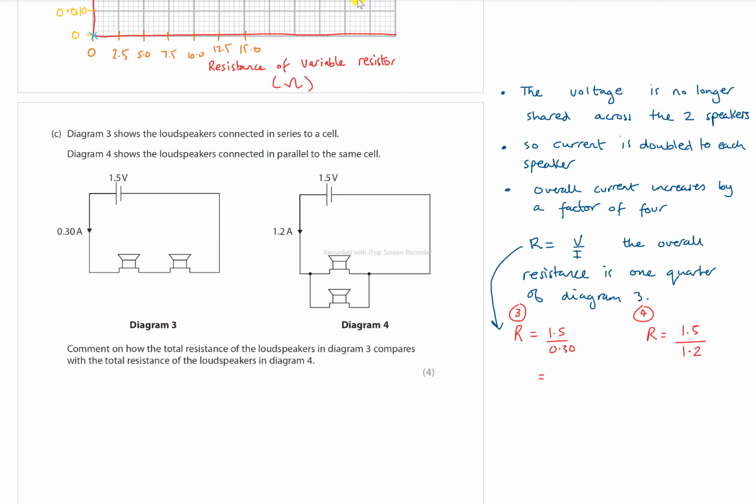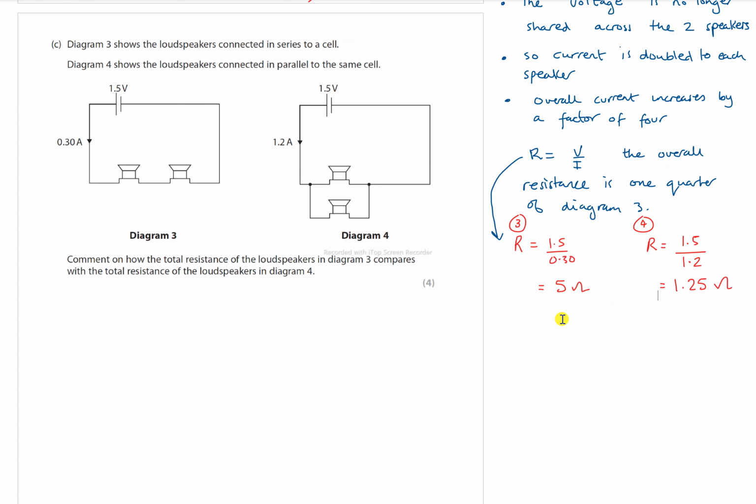So this is 5 ohms, and this is 1.25 ohms. So 1.25 is a quarter of 5. Right, that's what they're saying.